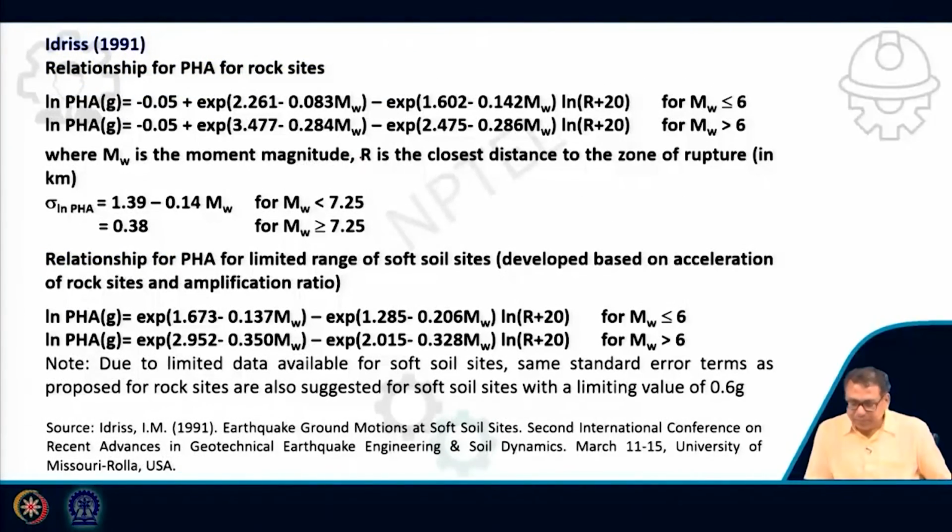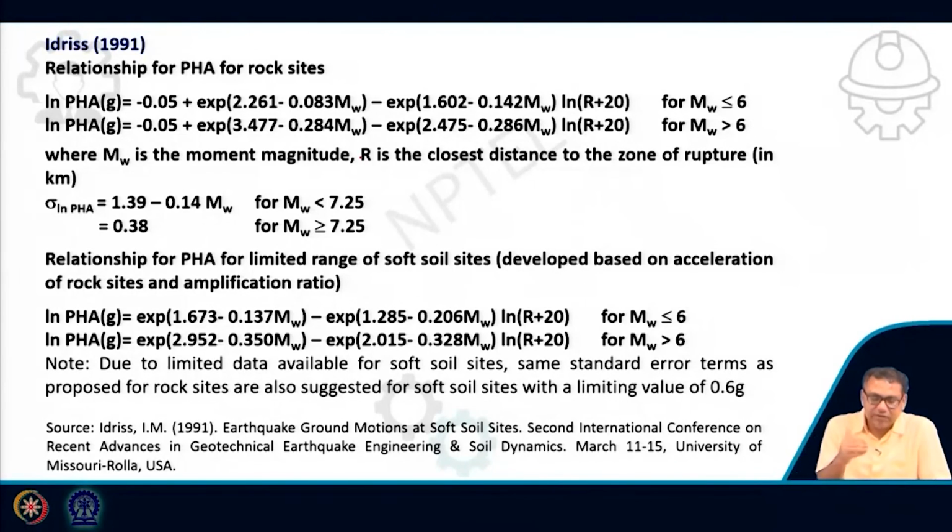Here also two expressions are given, for moment magnitude less than 6 and greater than 6. R is again the closest distance to the zone of rupture, and for the standard deviation of ln PHA we get two expressions, one for MW less than 7.25 and one for greater than 7.25.